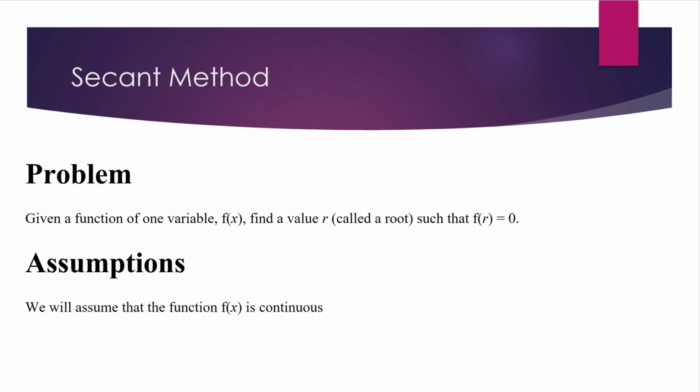The problem we want to solve by using the secant method is the root finding problem. Given a function of one variable f(x), we want to find a value r such that f(r) equals 0. As for assumptions, we assume that the function f(x) is continuous. Because this method doesn't require any information about the derivative, we don't need to assume anything about the derivative.